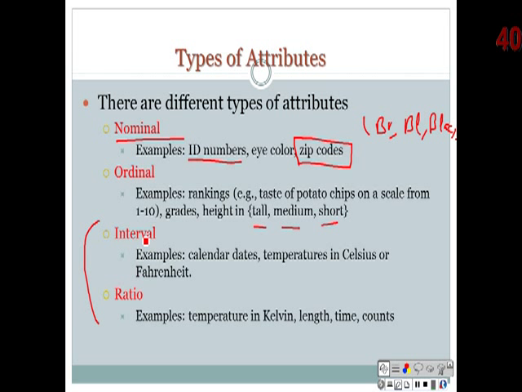For the interval, you have calendar date and temperature. With the calendar date, it makes a big difference that you have an interval between one date and another date, etc. The ratio, for example, is temperature in Kelvin, length, time, and counts, so we are counting. Those are considered quantitative data, whereas the others are considered qualitative data.